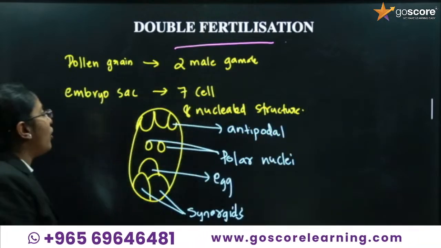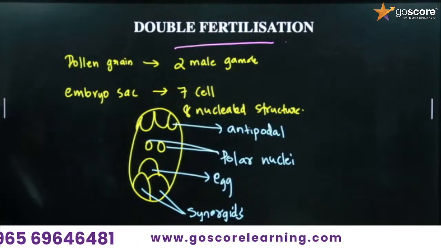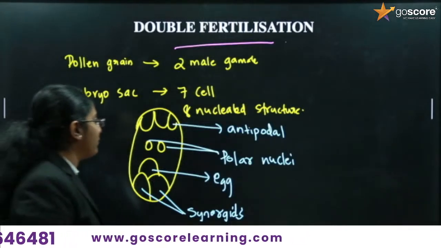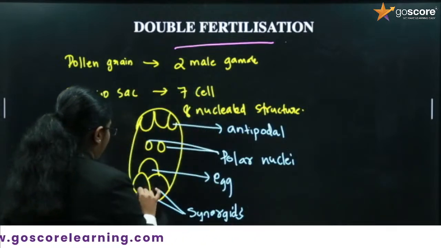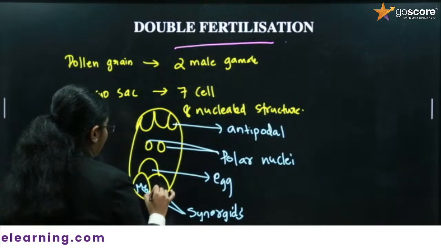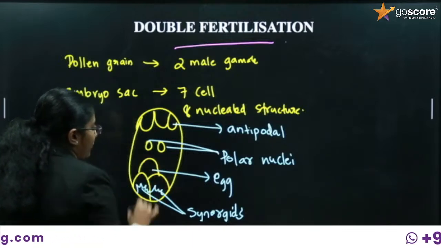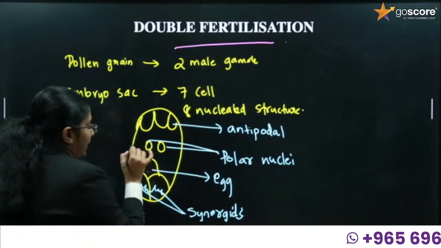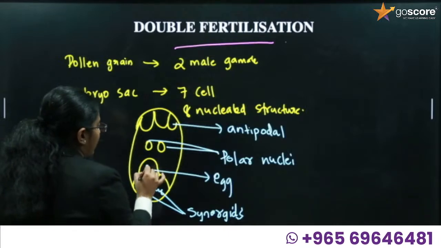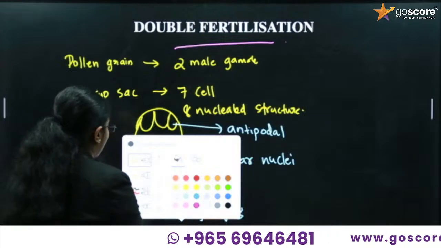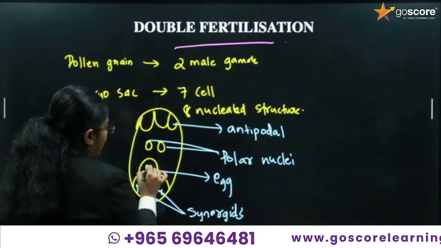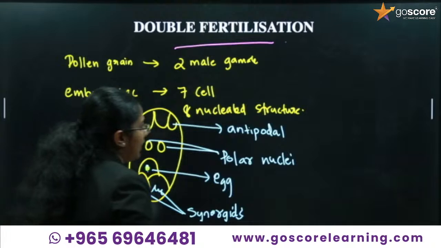Antipodal cells. So what happens during double fertilization? You have studied that with the help of synergids, the pollen tube enters into the egg cell. Now the egg cell has the nucleus. The pollen grain enters and fuses with the egg cell.